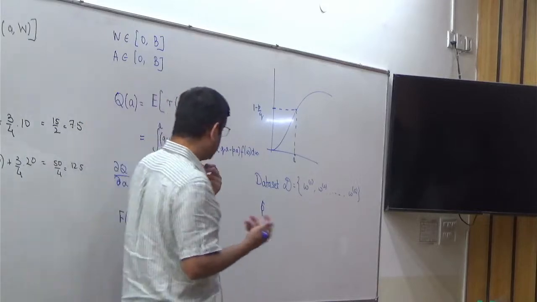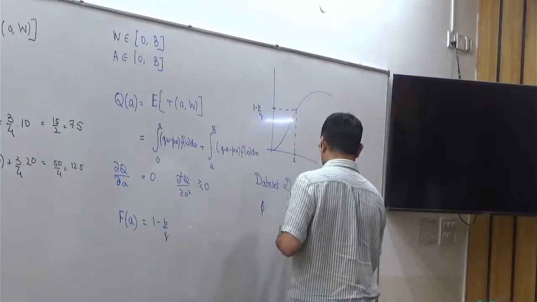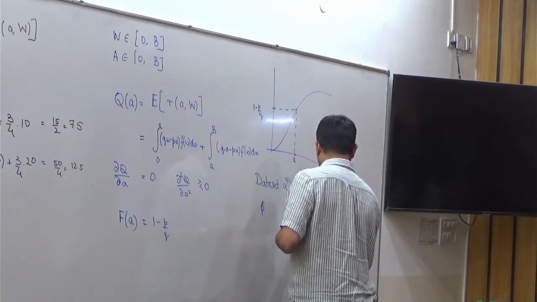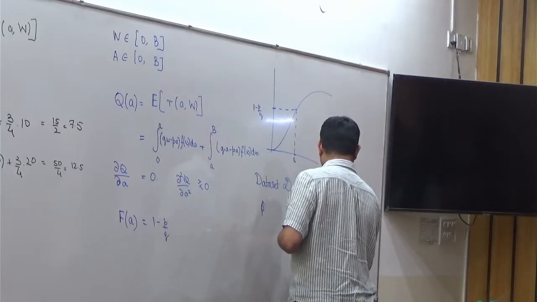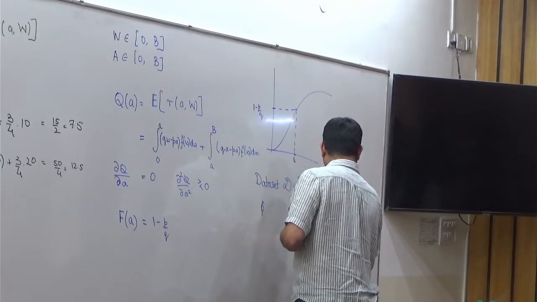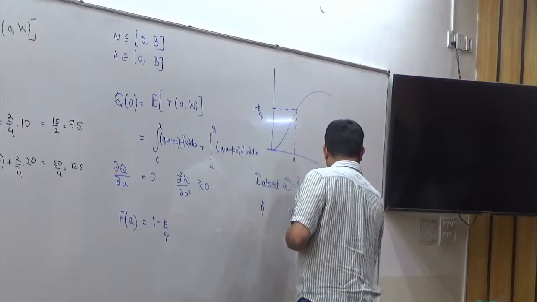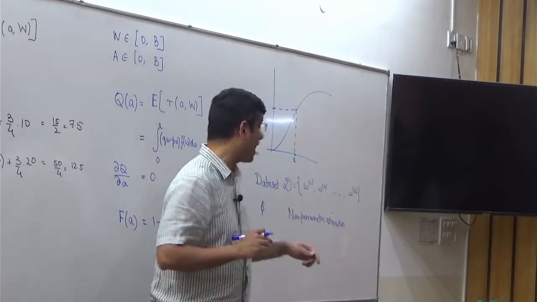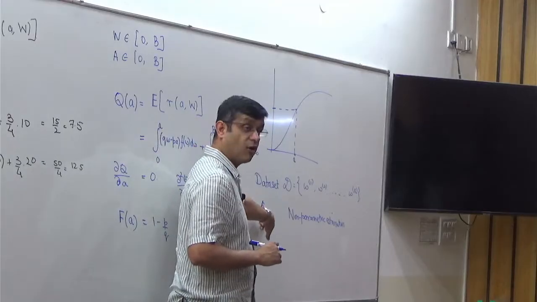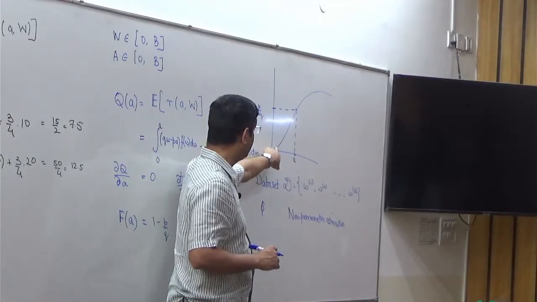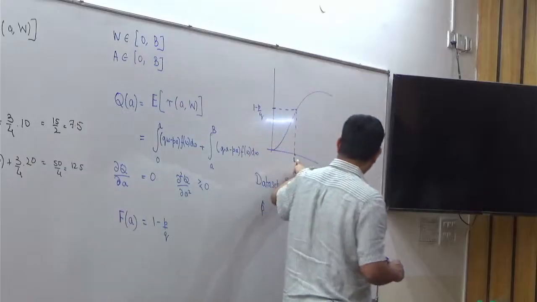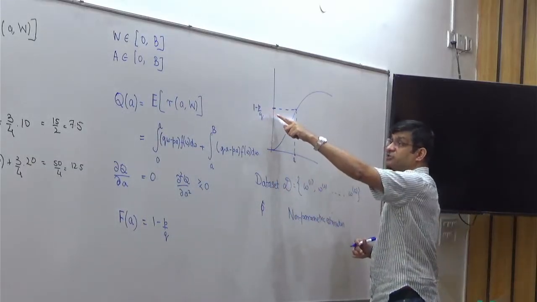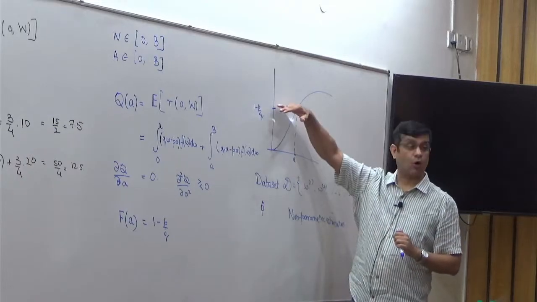If you have seen that in your graduate probability course, this would be called non-parametric estimation. In this non-parametric case, I'm not really interested in looking at the PMF. I'm interested in finding a point of the cumulative distribution function at a certain quantile.